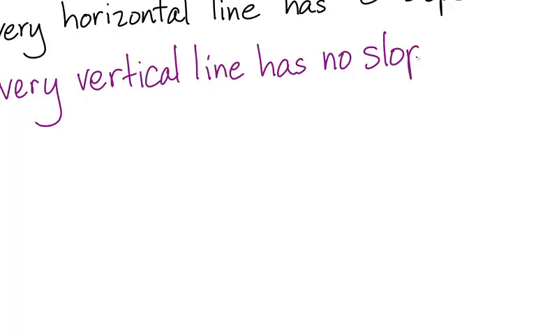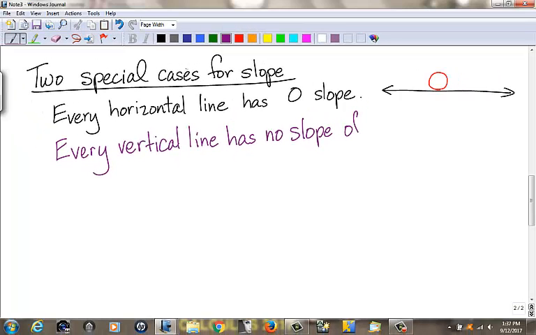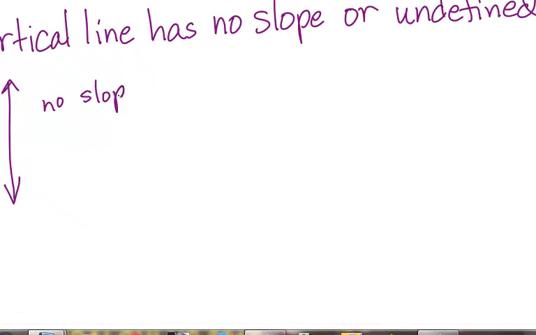Some authors say undefined. I always think of a telephone pole, there's no slope. So if it's a vertical line straight up and down, it's no slope. Or you could say it's undefined.